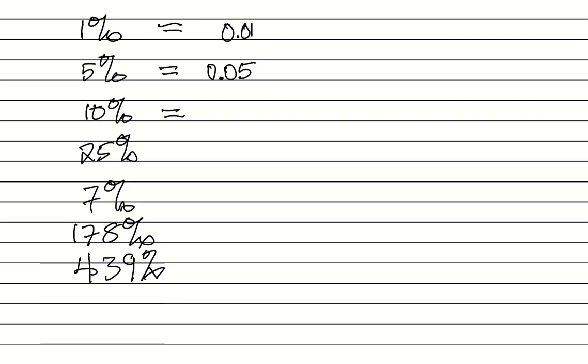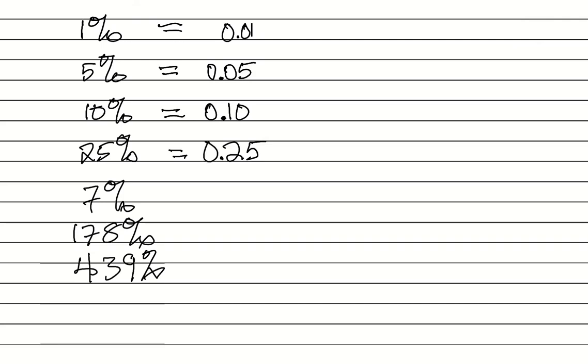You write the 10, remove the percent sign, and it's already moved 2 places. 25%: you write it down here, remove the percent sign, and put the 0 here because it's already moved.